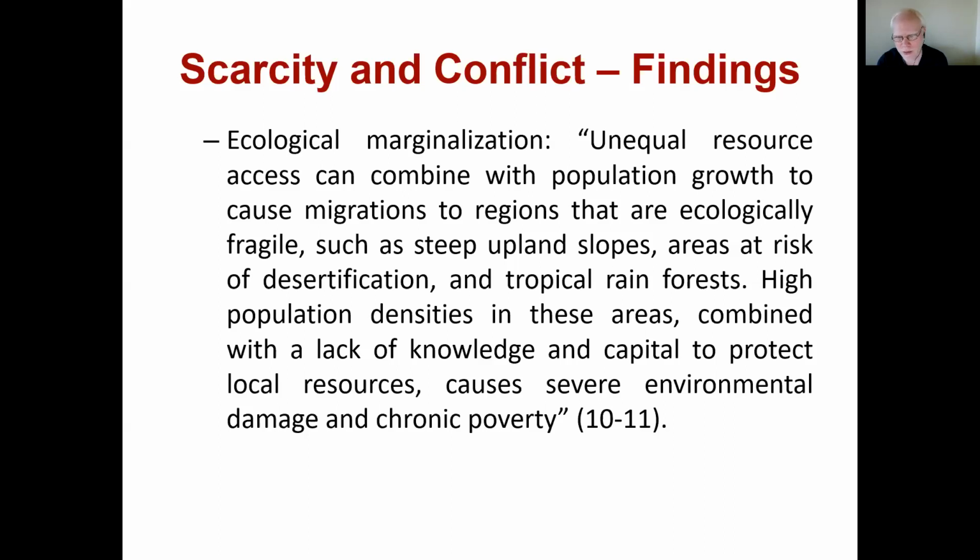You can end up in this vicious cycle of quickly degrading the resources in that area, so that they have to keep moving on to different ones, and are stuck in a vicious cycle of poverty.